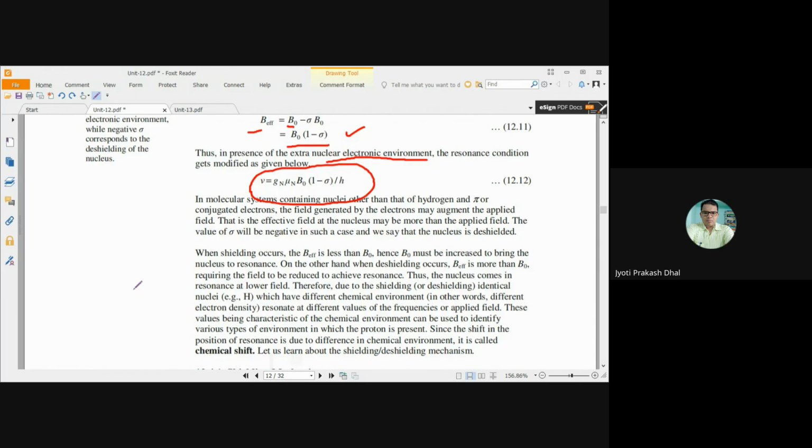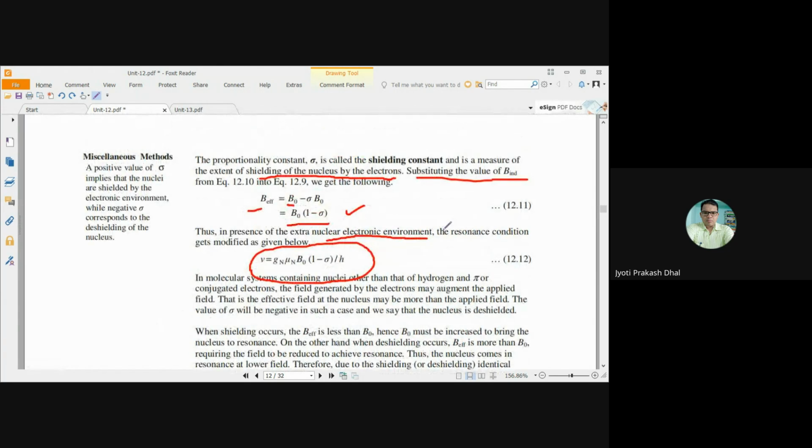But in the actual case, the nucleus under irradiation with a radio frequency wave contains electrons circulating around it, and hence, although the field strength is B naught, due to the shielding or de-shielding effect the effective field strength experienced by the nucleus is B effective, which equals B naught into 1 minus sigma, where sigma is the shielding constant.